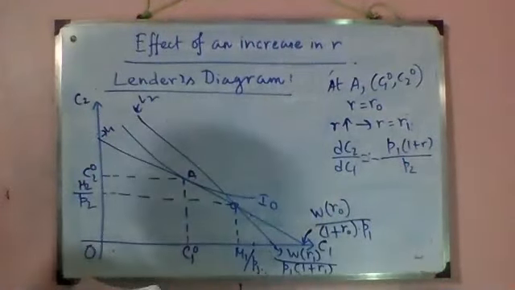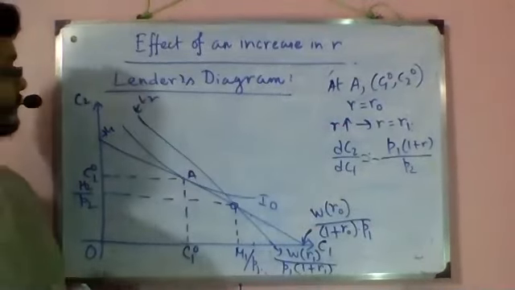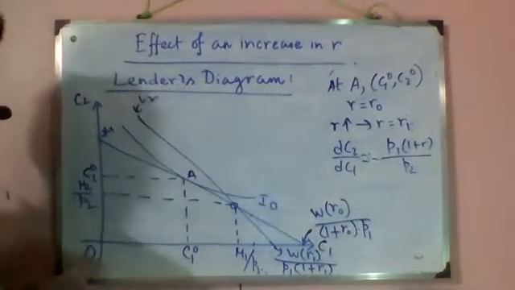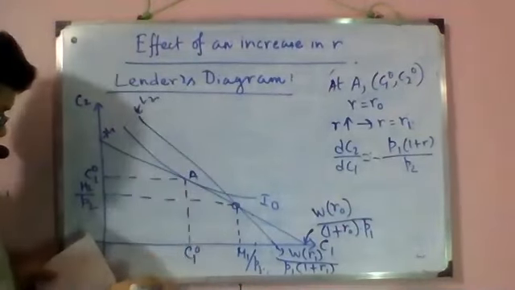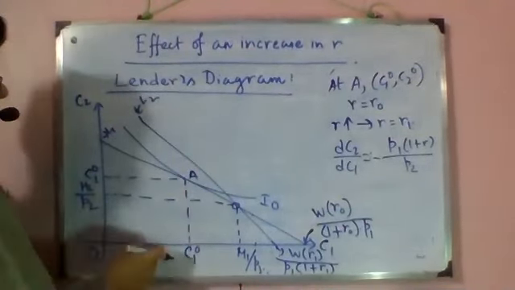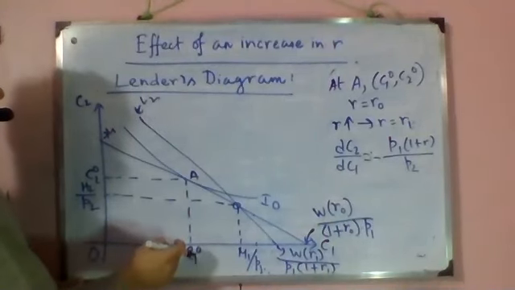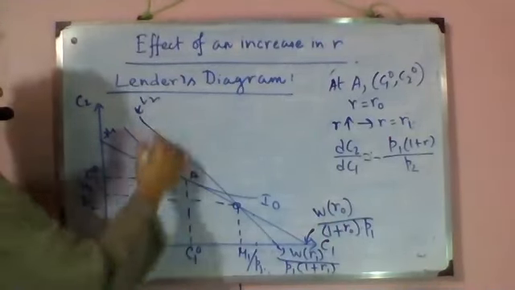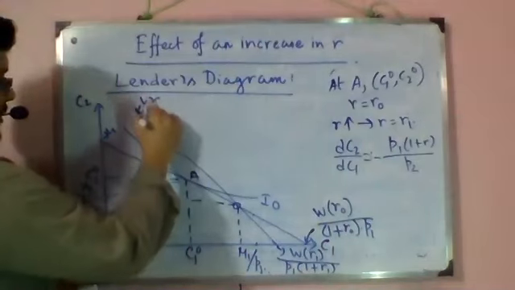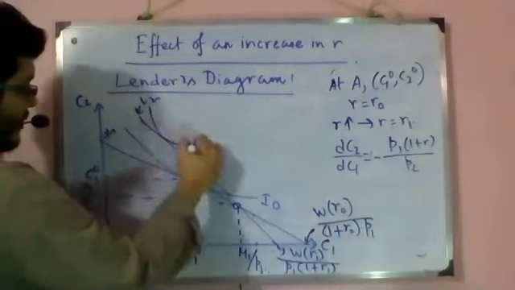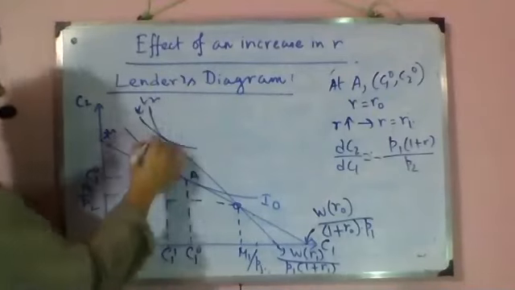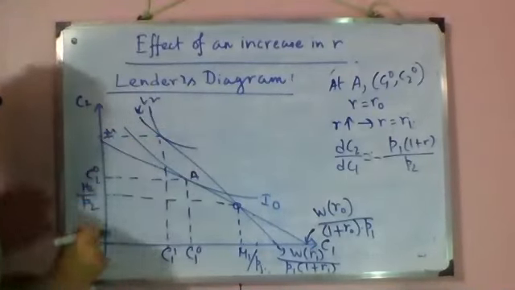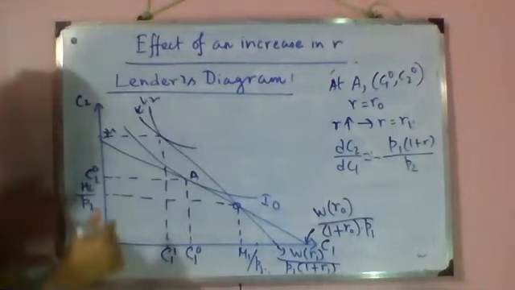Now, where will be the equilibrium? Let's say we take it here. For this diagram, we'll make the point even on the left of C1 naught. So we'll take the new IC touching here. The new one becomes C11 and C12.